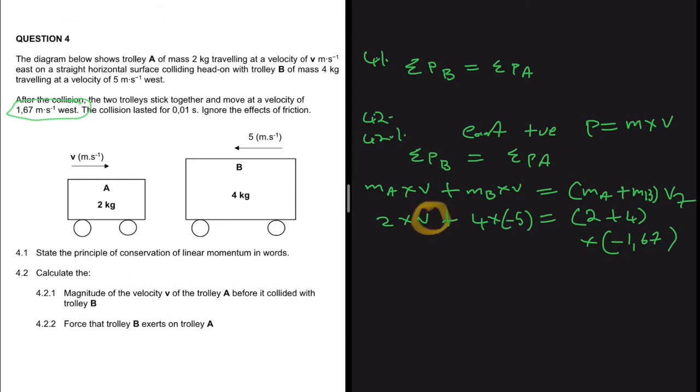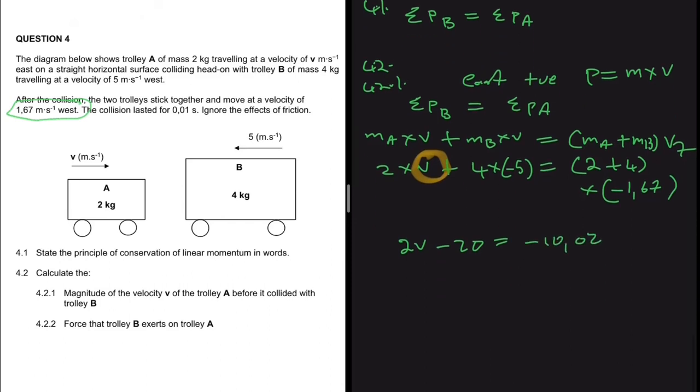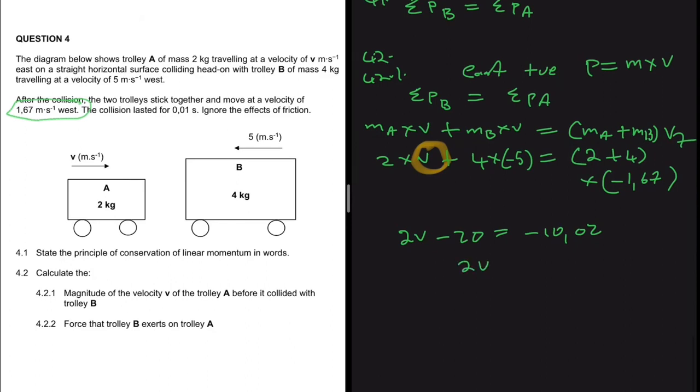We're looking for v. So 2 multiplied by v, that will be 2v, and 4 multiplied by minus 5 will be minus 20, and that will be equal to 6 multiplied by minus 1.67, which is equal to minus 10.02. So 2v will be equal to minus 10.02 plus 20.